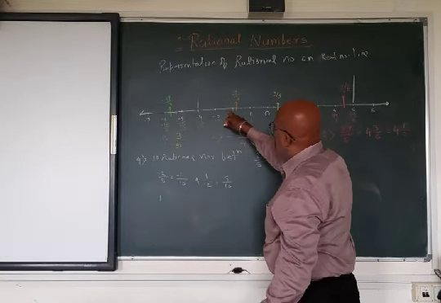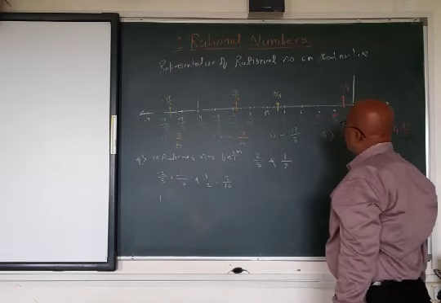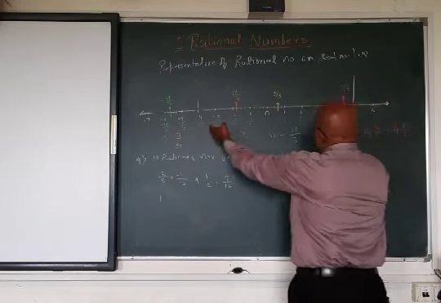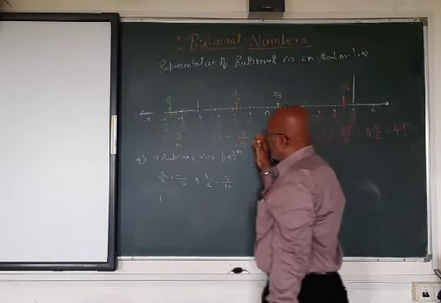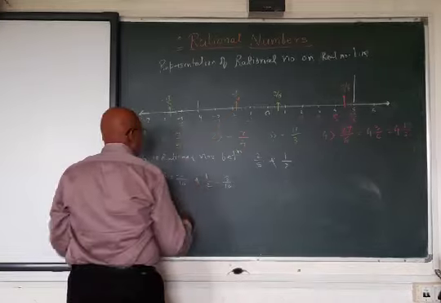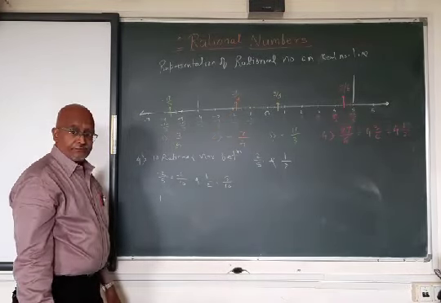So 1, 2, 3, 4, 5, 6, 7, 8 are already there, and out of these any numbers you can take. Got it clear? Or we can give that in different ways.